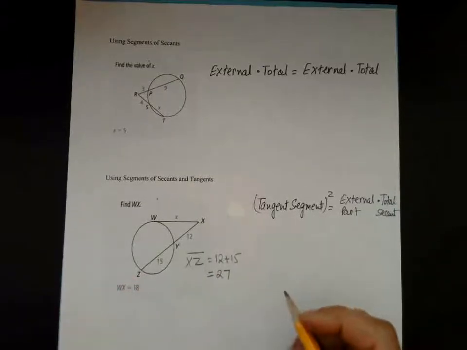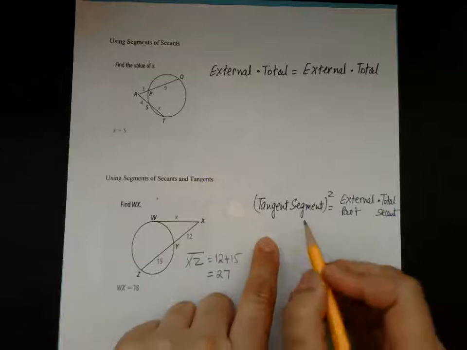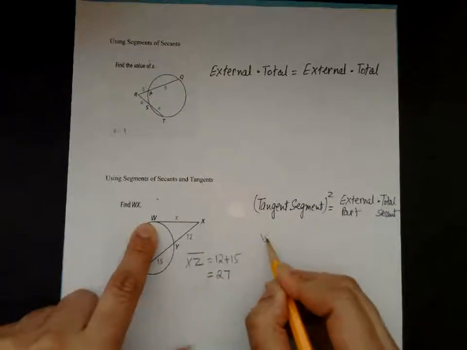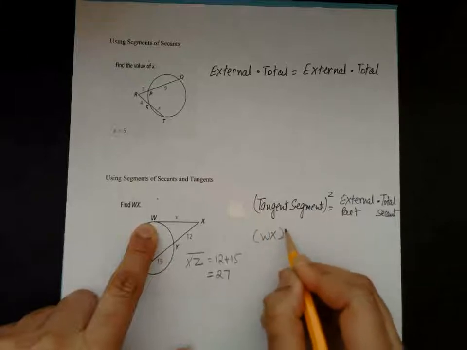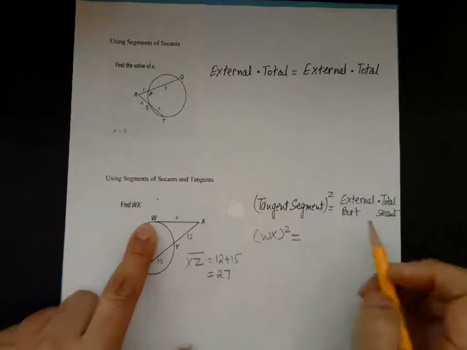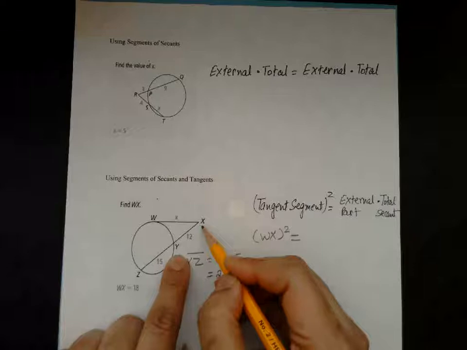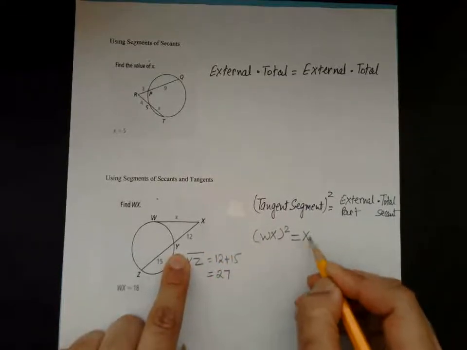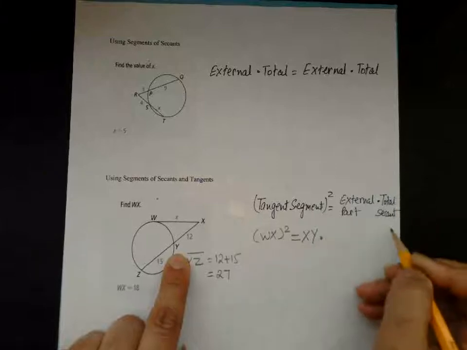And according to the theorem, tangent segment squared, WX squared, should be equal to external part. What is external part? External part is XY times total secant.